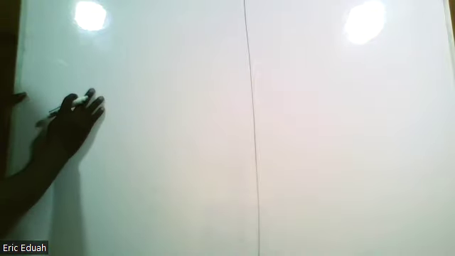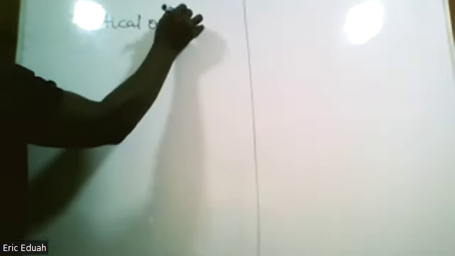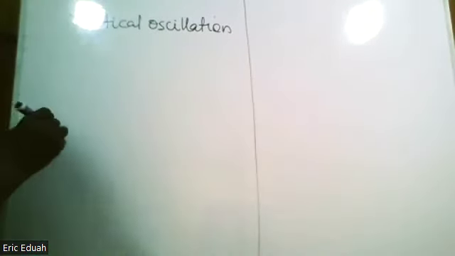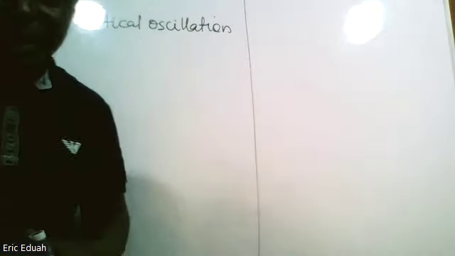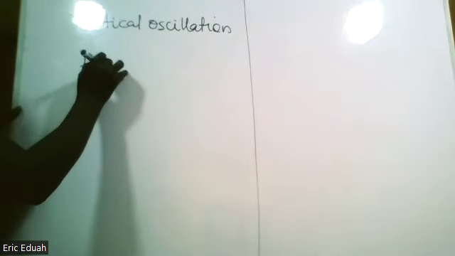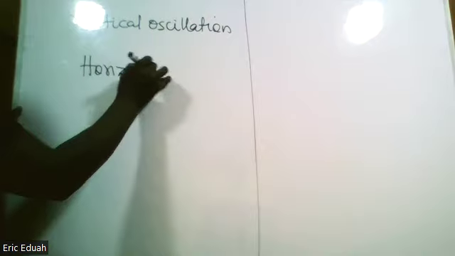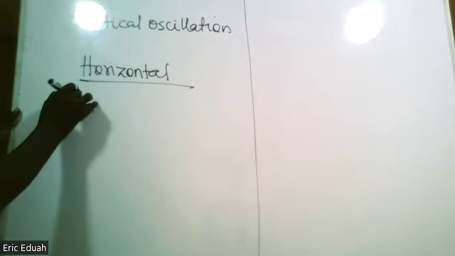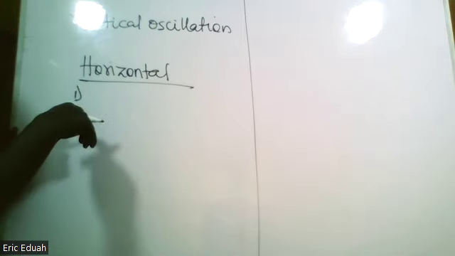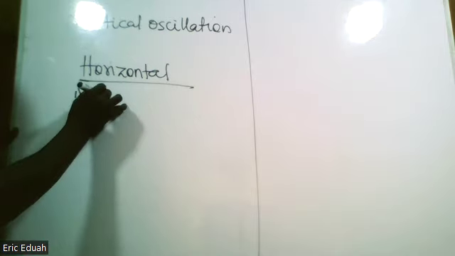The next thing I want us to look at is vertical oscillation or vertical circling. We've done horizontal circling. Under the horizontal one, we've learned about when an object is tied to a string and whirled at 0 angle.